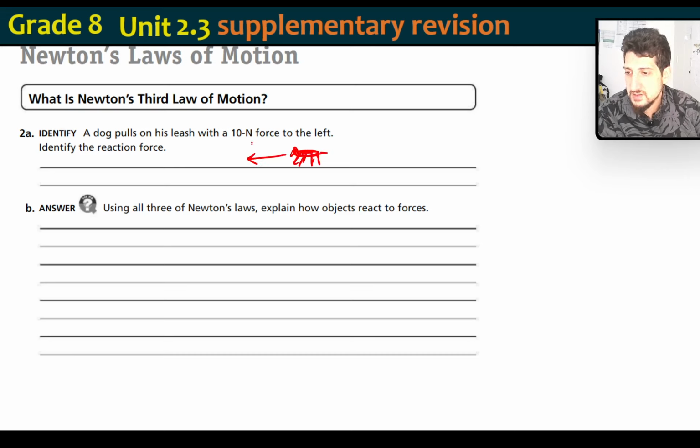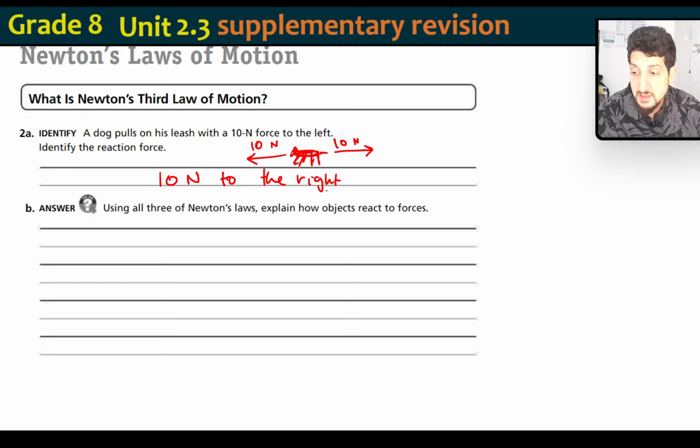Right, so 10 Newtons to the left. What's going to be the reaction force? The reaction force is going to be equal and opposite, so it's 10 Newtons to the right. Remember, Newton's third law says for every action there is an equal and opposite reaction. So it's equal in size, it's 10 Newtons, and it's to the right.